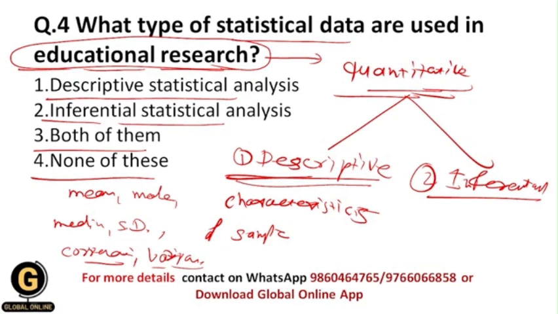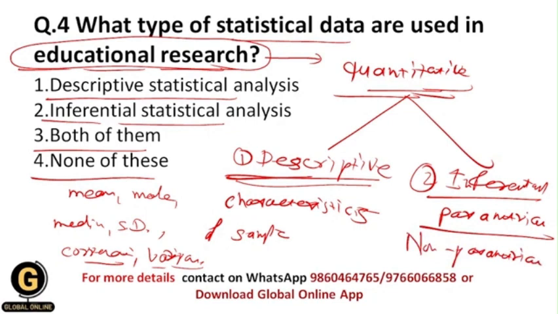So a parametric test is inferential statistical analysis, and non-parametric tests are also inferential statistical analysis, and we are going to see these parametric and non-parametric tests in the upcoming videos. As well, we are going to see mean, mode, median, standard deviation, correlation, variance in upcoming videos, so don't worry.